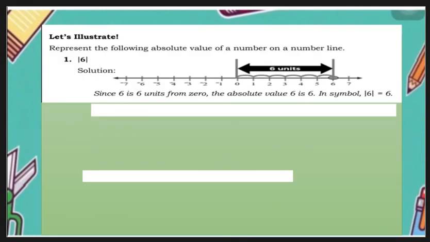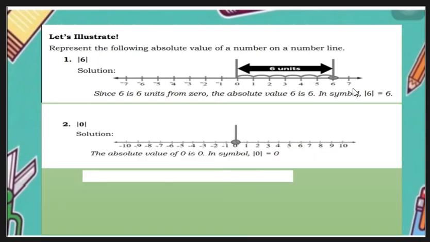Now, let's illustrate. Represent the following absolute value of a number on a number line. For example, number 1, absolute value of 6. Since 6 is 6 units from 0, so this is the number line. The 0, the left side is the negative numbers and the right side is the positive numbers.